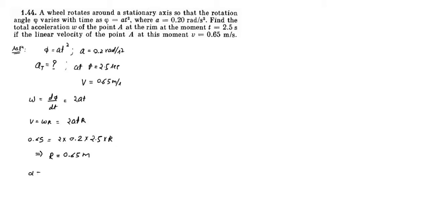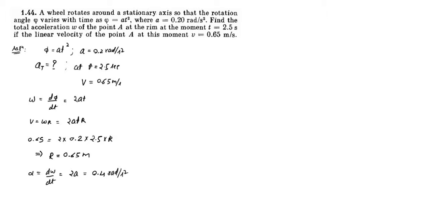Now we can calculate the value of alpha. So alpha is equal to d omega by dt, and this will be equal to 2 into a. The value of a is 0.2, so 2 into a is 0.4 radian per second square.